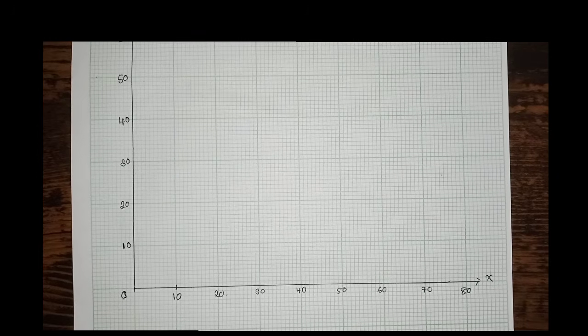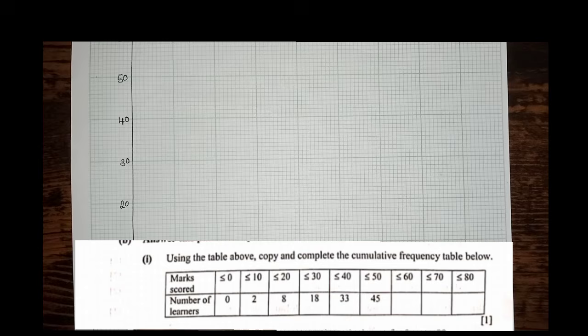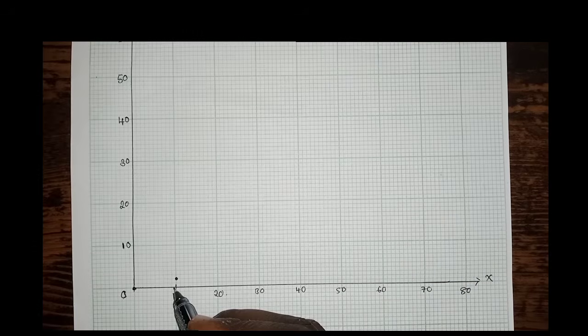When you reach this point of graphing, you go to the table below and get the coordinates. The first is 0, 0. The second is 10, 2. Sorry, it's 10, 2, starting with the x-axis.